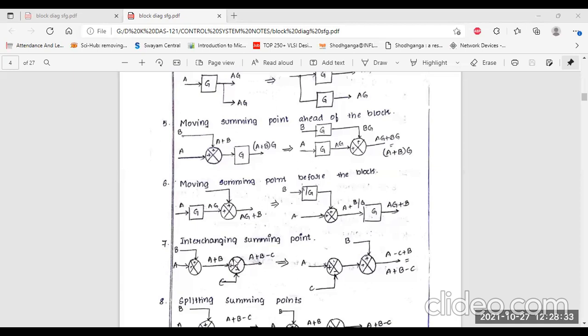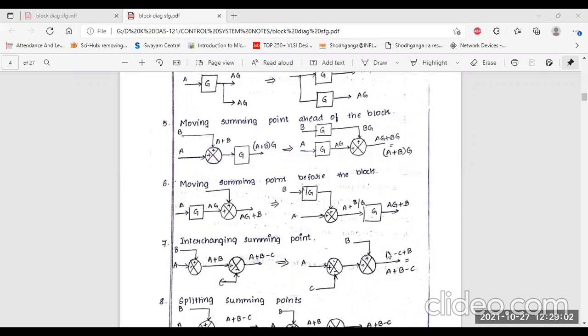Clear? So now you are given this and you have to interchange the summing points. Okay, so what is the process? Here you can see A is entering here, C is entering here. C is the negative feedback loop. Clear? Then the output from here, A minus C, is coming here. This A minus C is input here, and another branch B is input here.